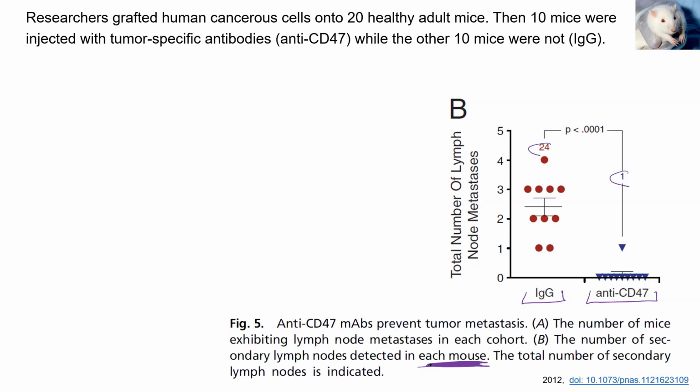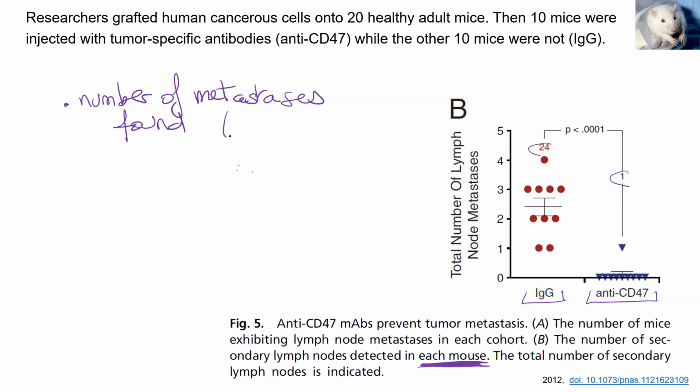So a variable is whatever we record for each individual. Therefore, this is exactly what was recorded here, the number of lymph node metastases for each mouse. So in addition to treatment, we have another variable here, which is the number of metastases found.